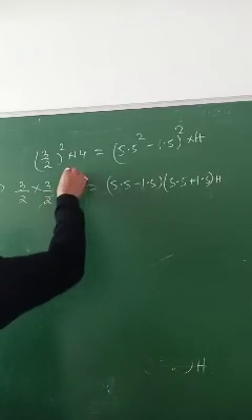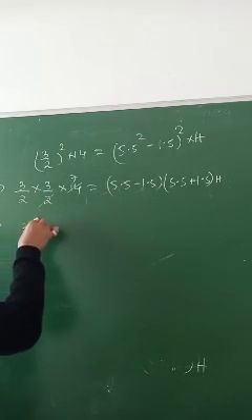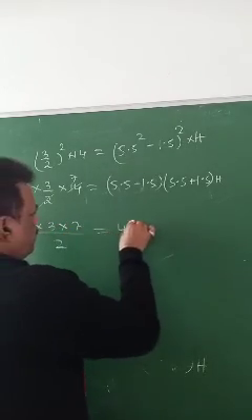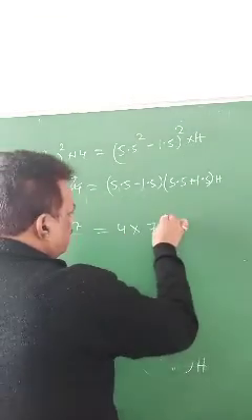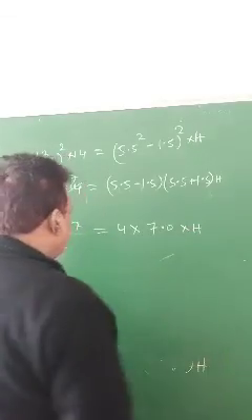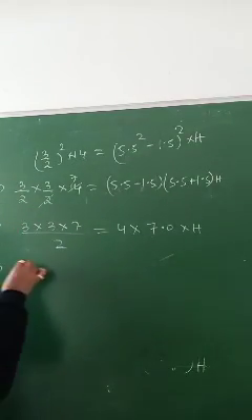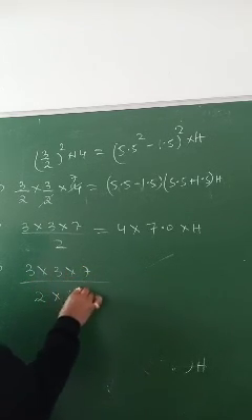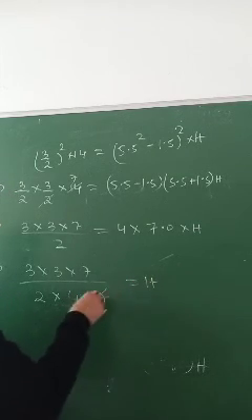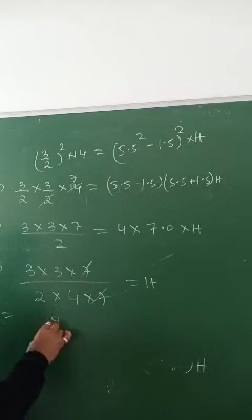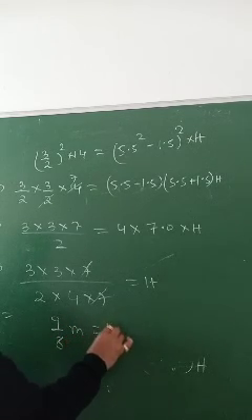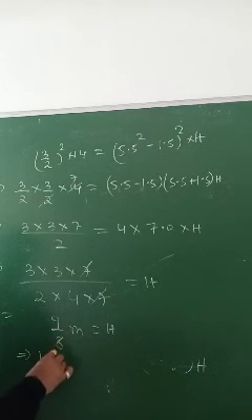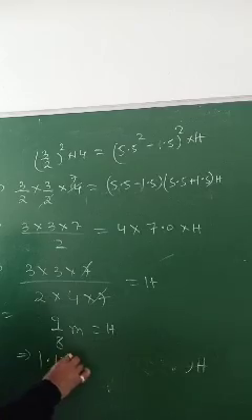Okay, this is the 7. 3 into 3 into 7 by 2 equals 4 into 7 into h. So 7 cancel. That is 9 by 8 meter. If you write in decimal, 1.2 meter.